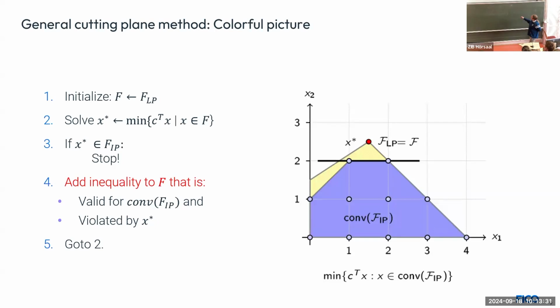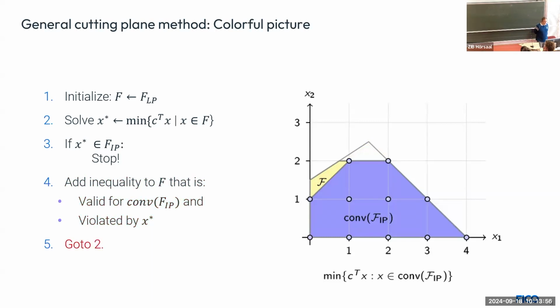So the border of an inequality is a plane. This cuts off, so to say, this point from this polyhedron, and it's a separation argument. It's a separating plane. It separates the points on the one side from the single point on the other side. So this is why we talk about cutting plane separation.